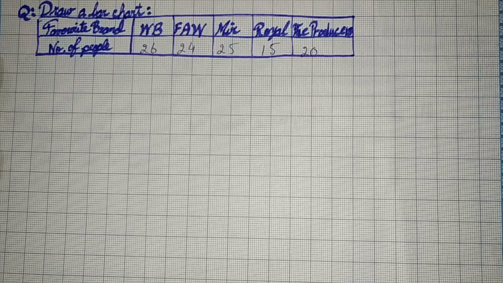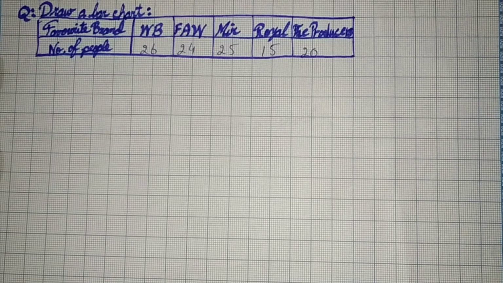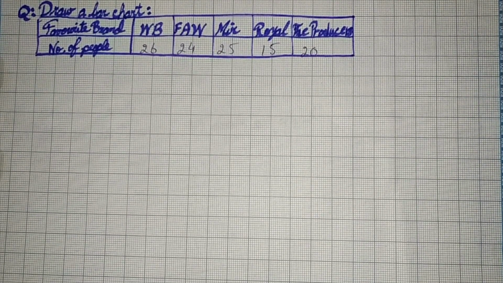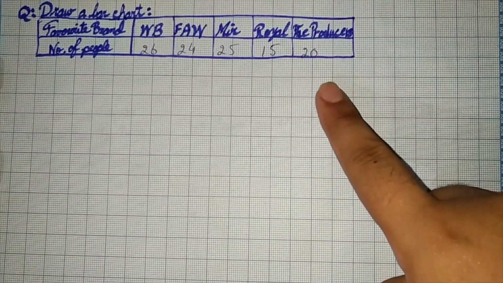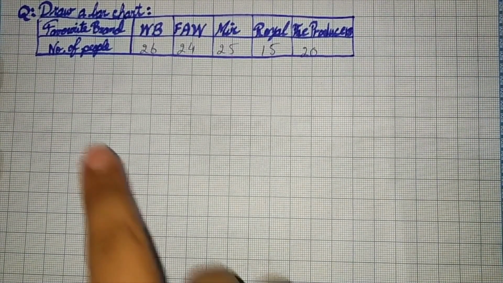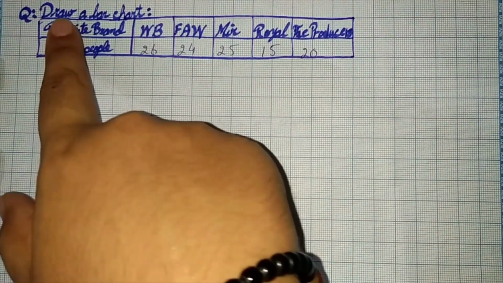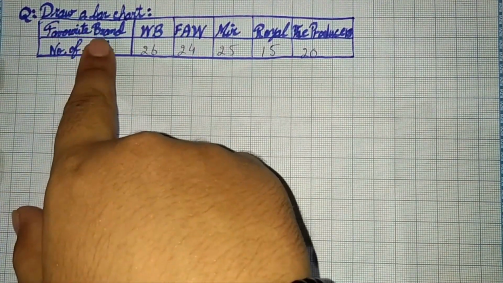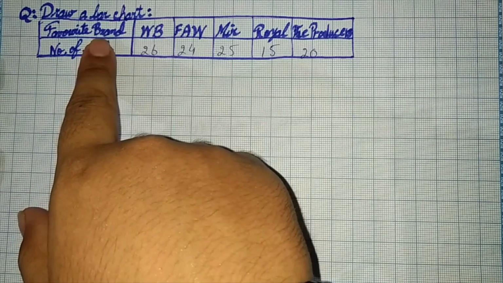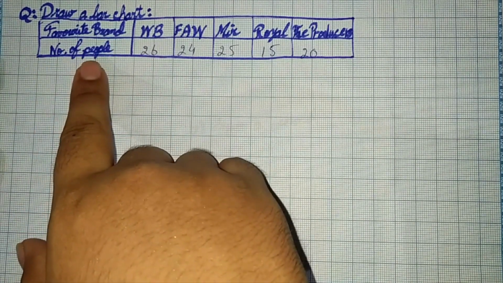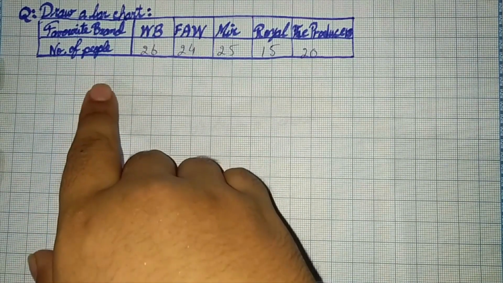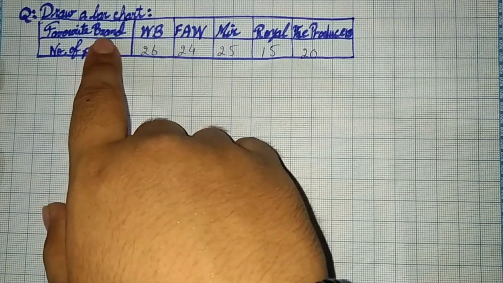Here we have a question. The question is, draw a bar chart with the given data. You can see here we have data: favorite brands, and the number of people who liked the brands.